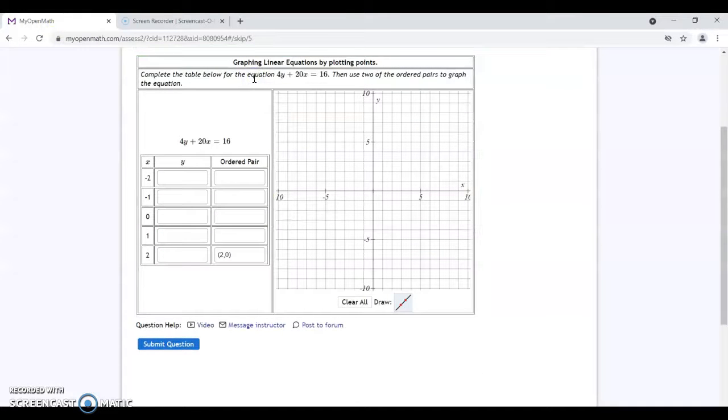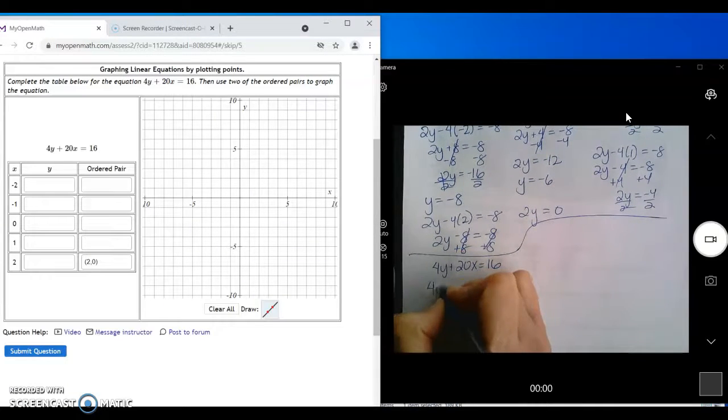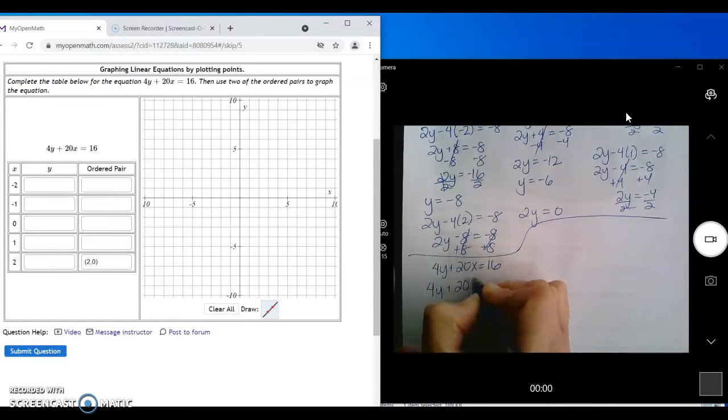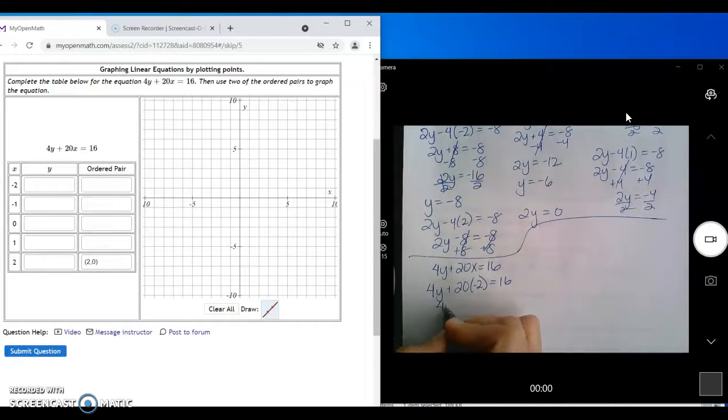So for this problem, we have 4y plus 20x equals 16, and we want to plug in negative 2 for x. So when you plug in negative 2, you have to solve for y. So then 20 times negative 2 gives you negative 40.